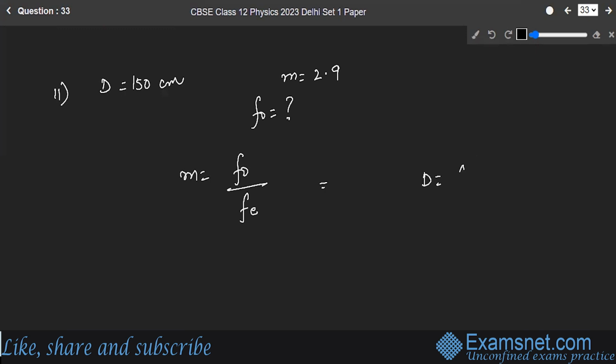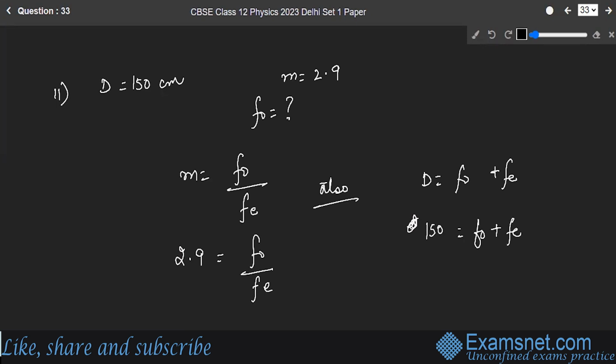Also, D is equal to the sum of f naught plus fe. And from here, you have 2.9 is equal to f naught upon fe. Here you have D as 150. This is equal to f naught plus fe.